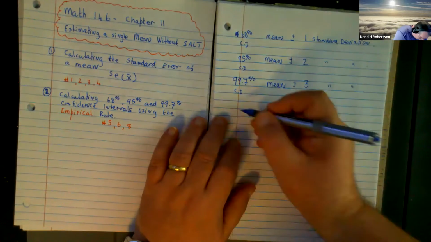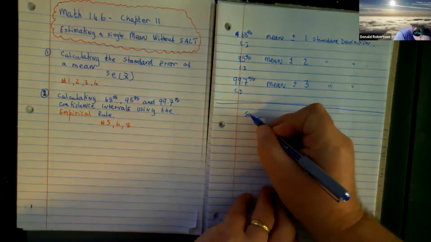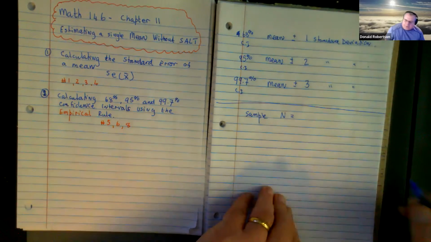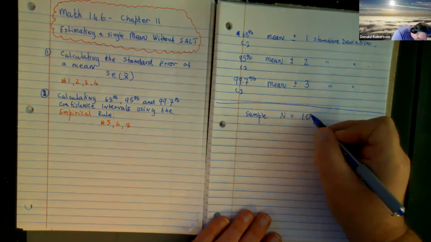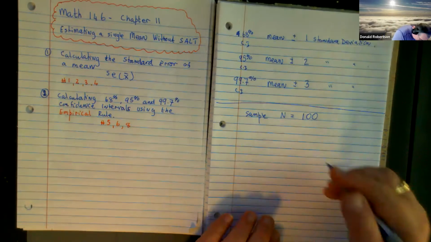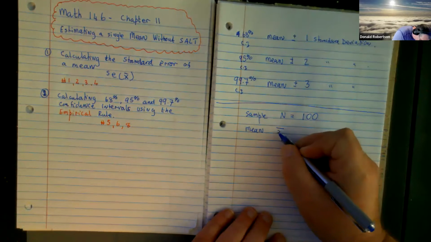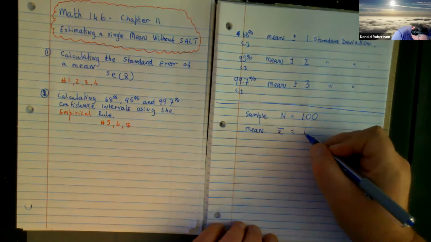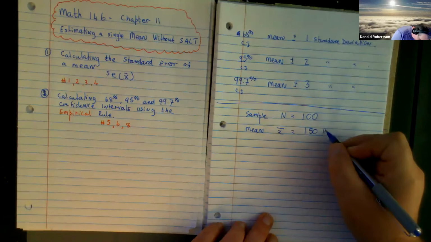Now, in this world, we are going to have a sample, and the sample is going to be size n. Let's suppose I collect a sample of 100 people, and the mean of my sample is going to be called x bar. Let's say the answer ends up being 150 pounds.